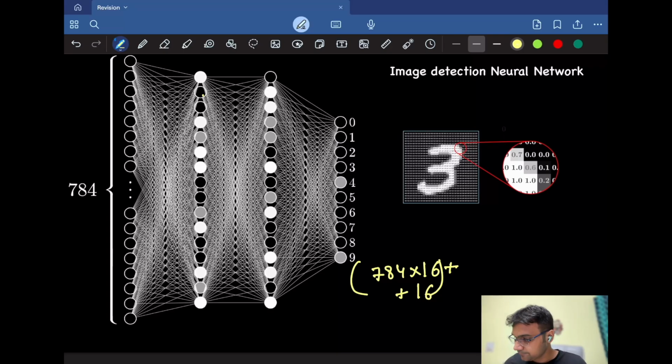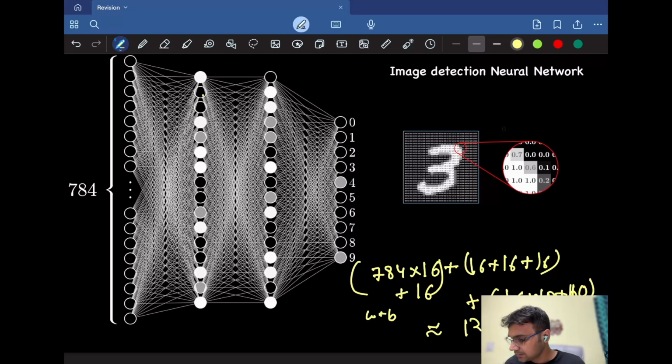That is the first term: the number of weights plus biases. Then 16 times 16 plus 16 for the next layer, and the final layer is 16 times 10 plus 10 biases. So this comes out to be 13,000 something. These are the number of parameters that this neural network has.